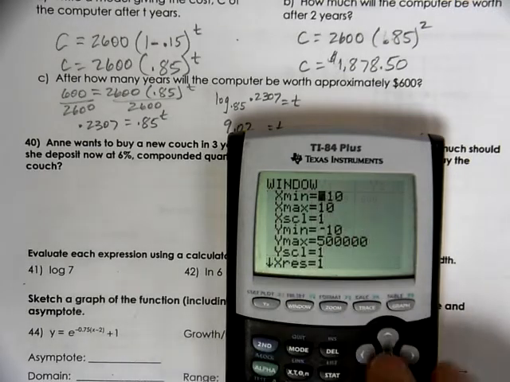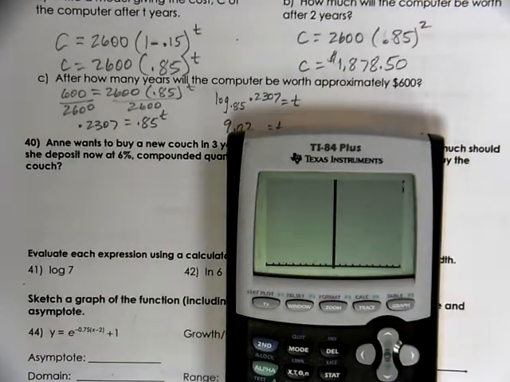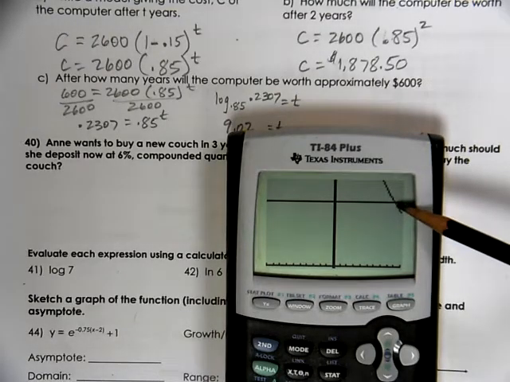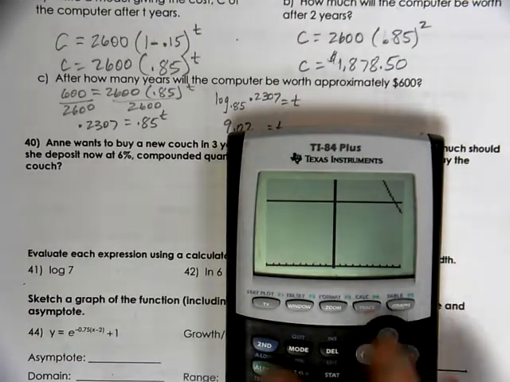So in my window, it doesn't have to be nearly as high. So if we graph it out, we get our exponential. Barely crossing over here, because you're right, it's going to be out here near 9.